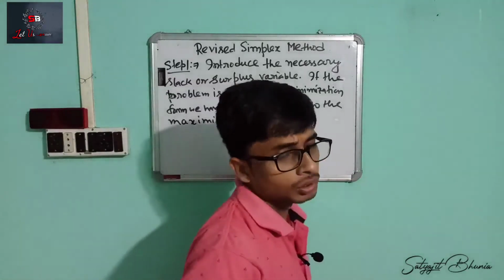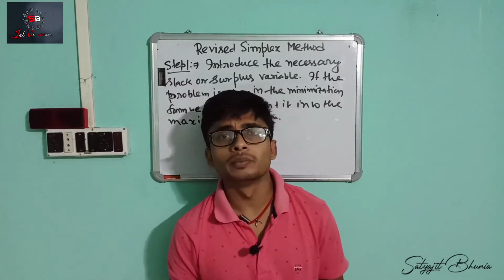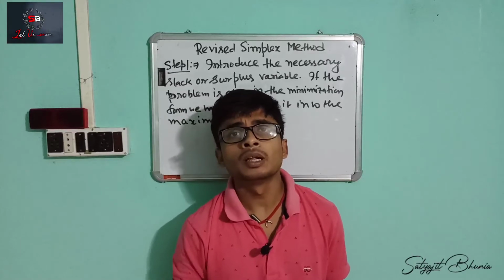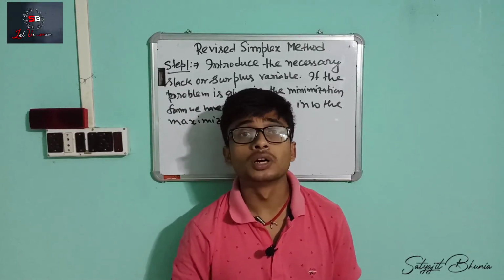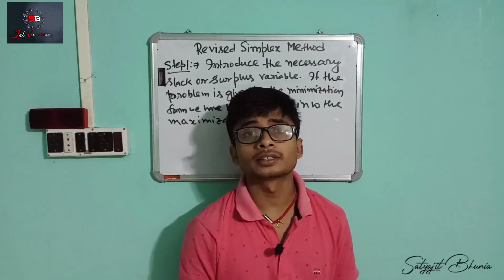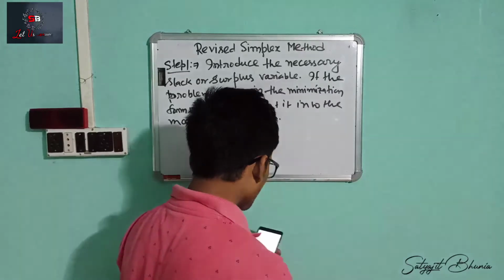So we all know that to convert a minimization linear programming problem into a maximization problem, we have to multiply the objective function by -1.